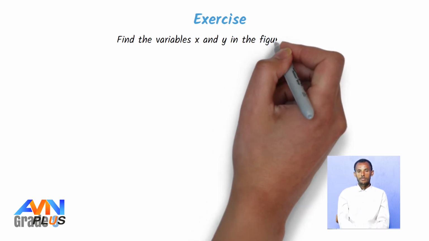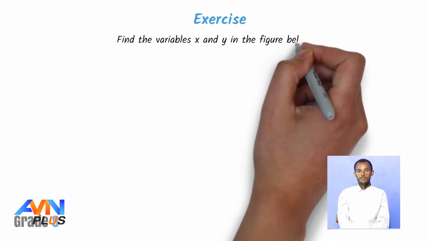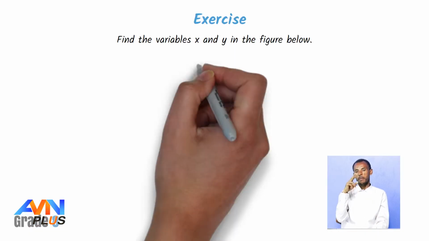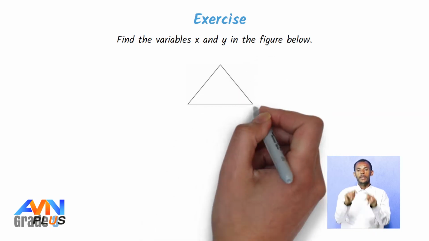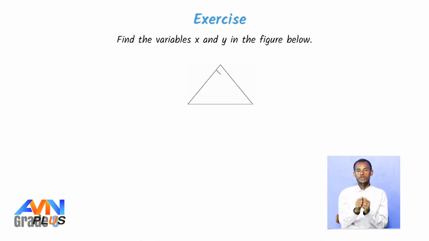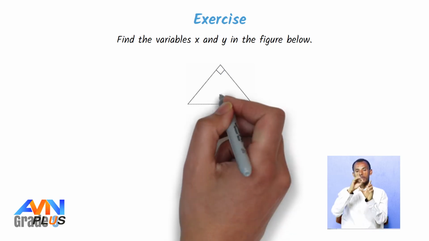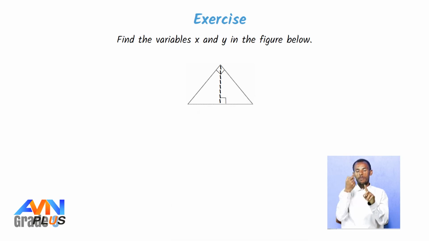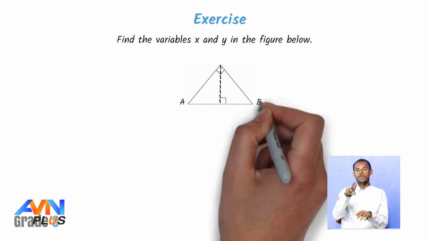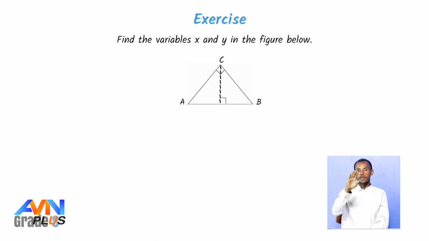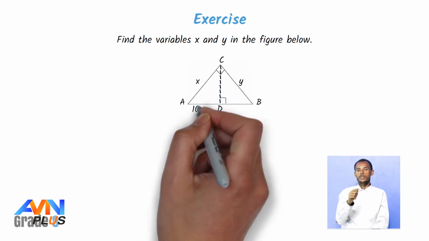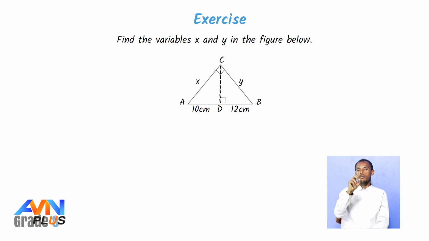Our figure looks like a triangle with a 90 degree angle at some point, with an altitude drawn from the 90 degree angle to the hypotenuse. You can call it A, B, C, D. Say this is X and this is Y, and say this is 10 centimeter, this is 12 centimeter, right?